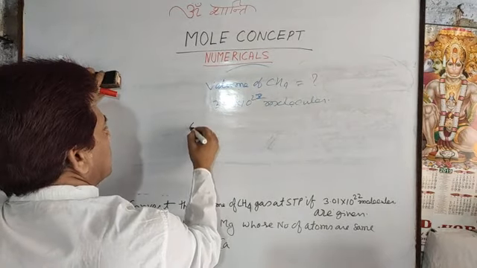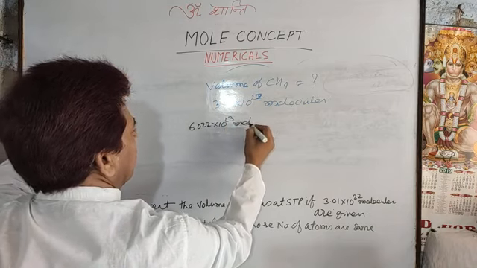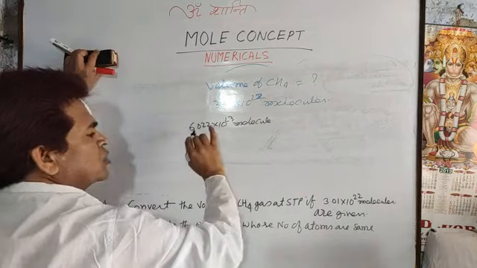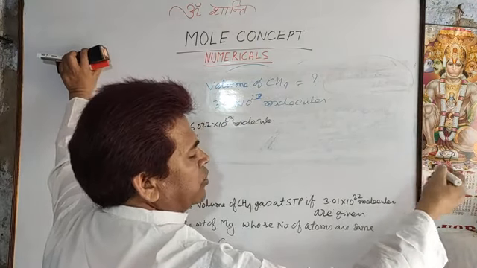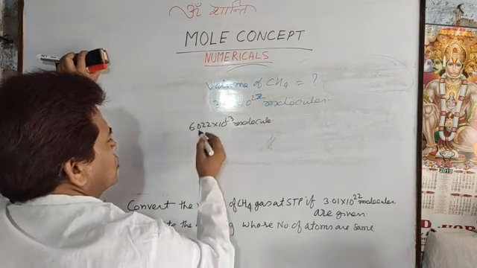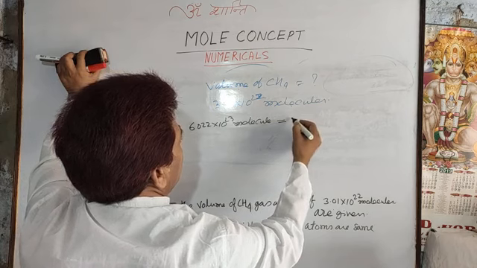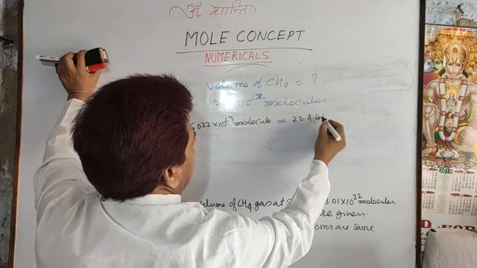So, 6.022 × 10^23 molecules equal 22.4 liter at STP. On the basis of that, this number of molecules always measures 22.4 liter.